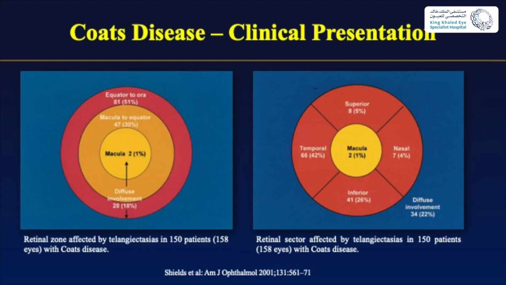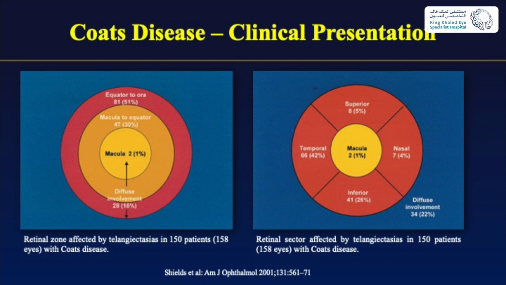Regarding the distribution of the telangiectasia in the Shields paper, she found that half of the patients had their telangiectasia in the far peripheral retina, in 51% of the patients, followed by the near peripheral area from the macula to the equator in 30% of the patients.